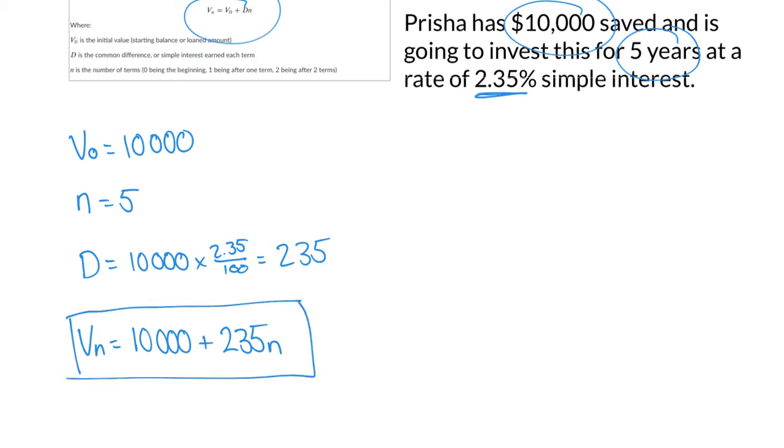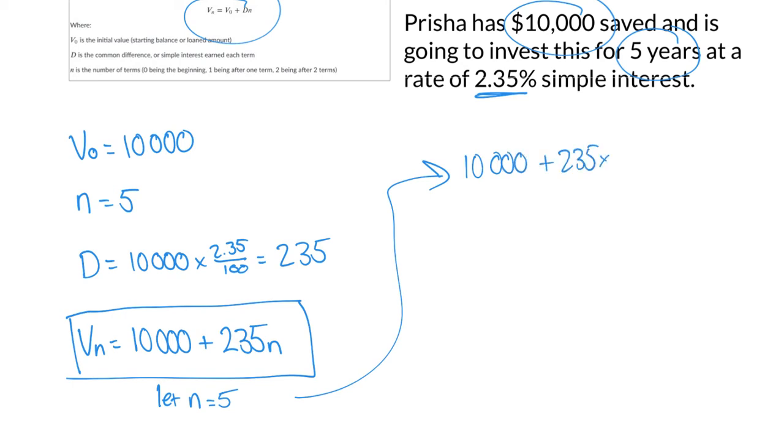Now, if I wanted to use this to find out how much would Precia have after 5 years, I'm going to let n equal 5 in this case, and I'm running out of room, so I'm going to go over here. So 10,000 plus 235 multiplied by 5, and you would get your CAS calculator out to help you with this.